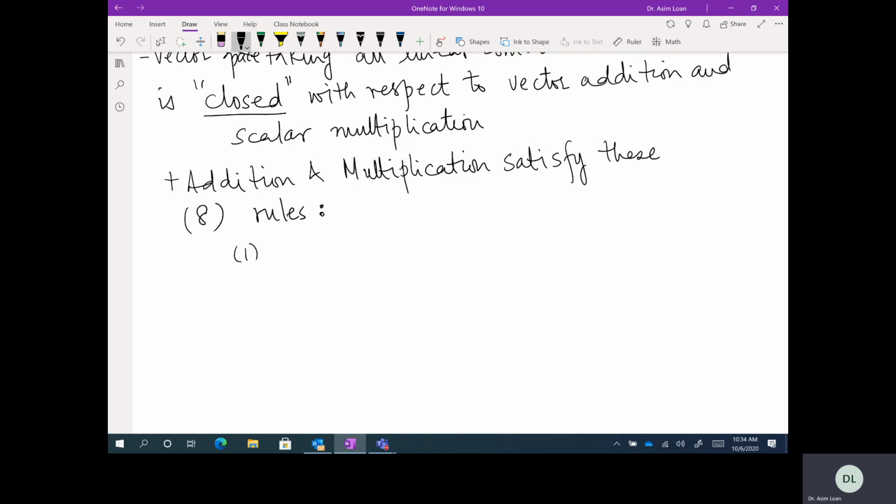The first one is that the commutative law is true. If you add x plus y, this is the same thing as adding y plus x. So addition is commutative. Addition is also associative: x plus y plus z equals x plus y plus z.